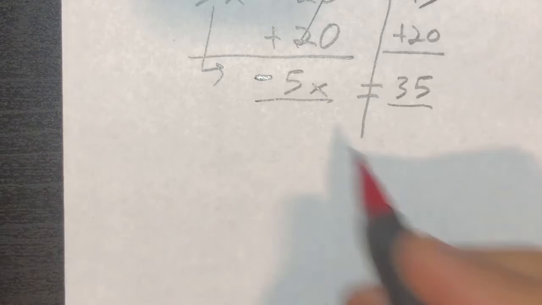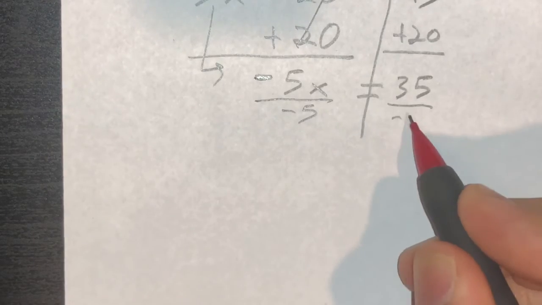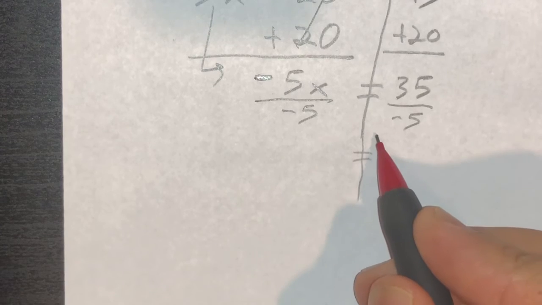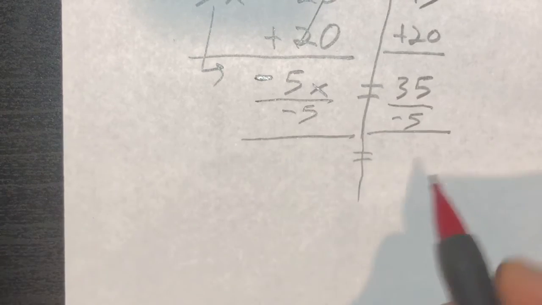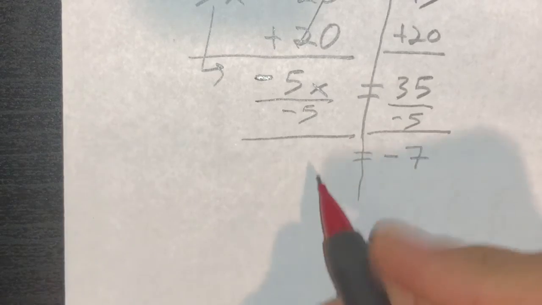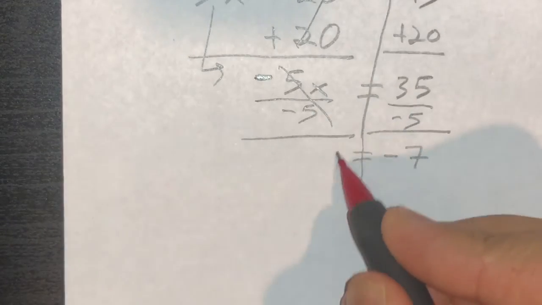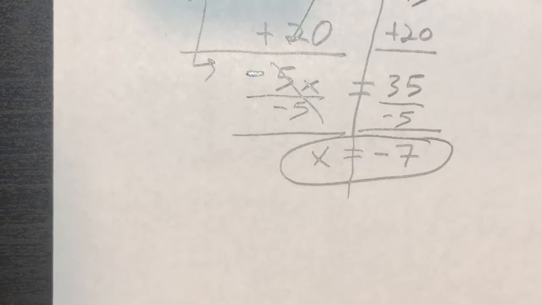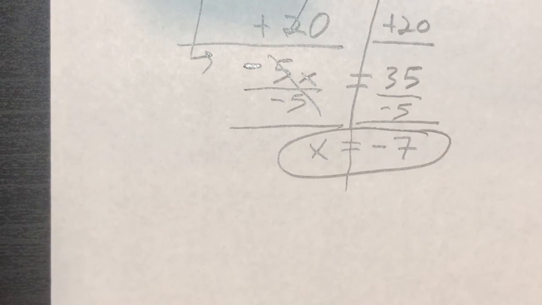So I'm going to divide both sides by -5, which will give me -7 there. These are gone. x equals -7 as the final answer.